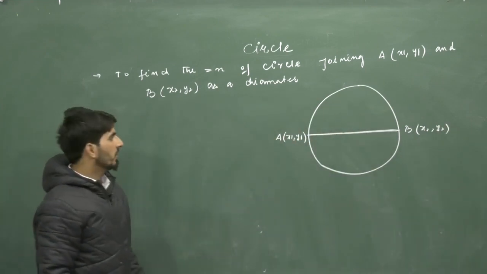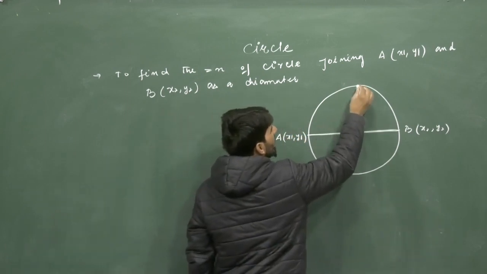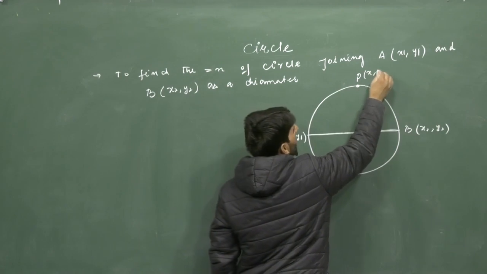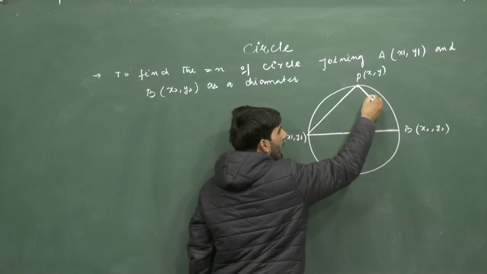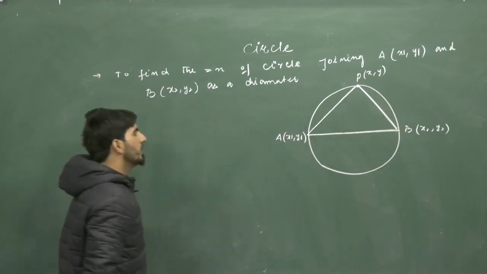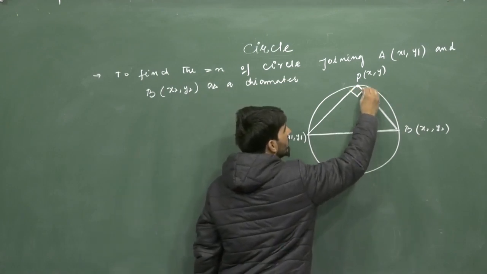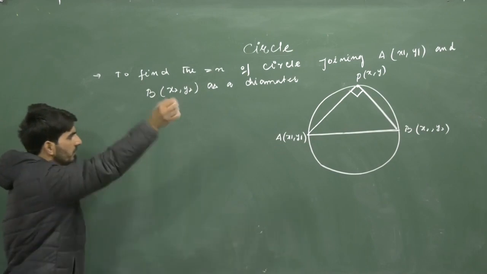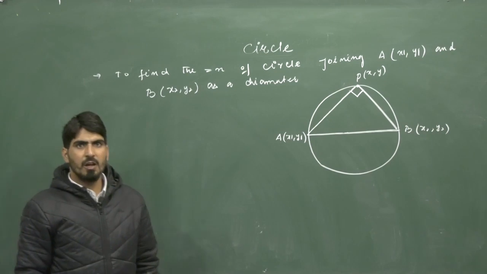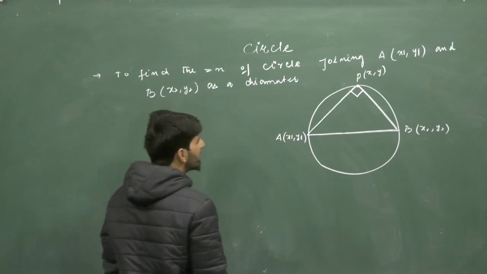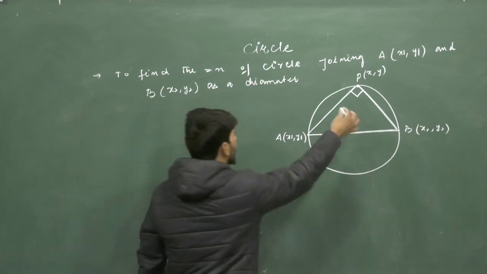As we know that a circle is the set of infinite points, let's take any arbitrary point here P having coordinates (x, y) and join AP and PB. As we know that the angle in a semicircle is 90 degrees, therefore this angle will be 90 degrees. So we have to find the equation of the circle. In class 11th, we know that if two lines are perpendicular, then the product of their slopes is -1.